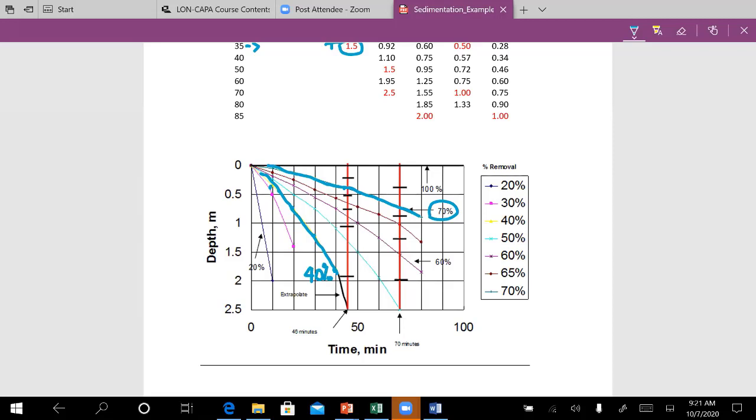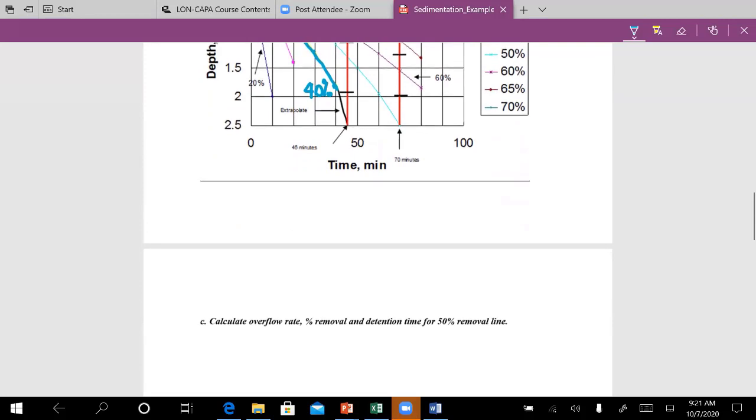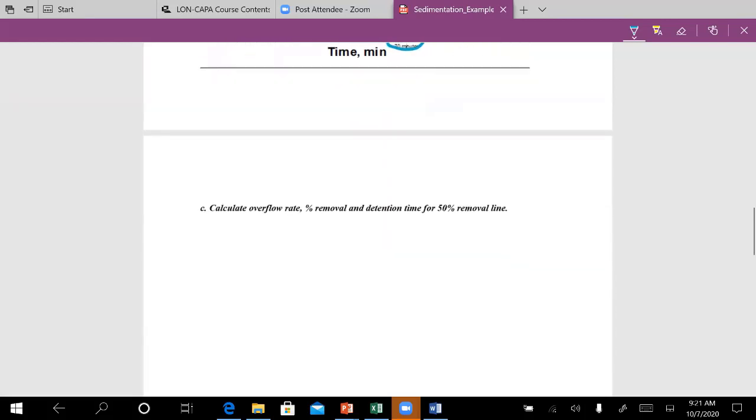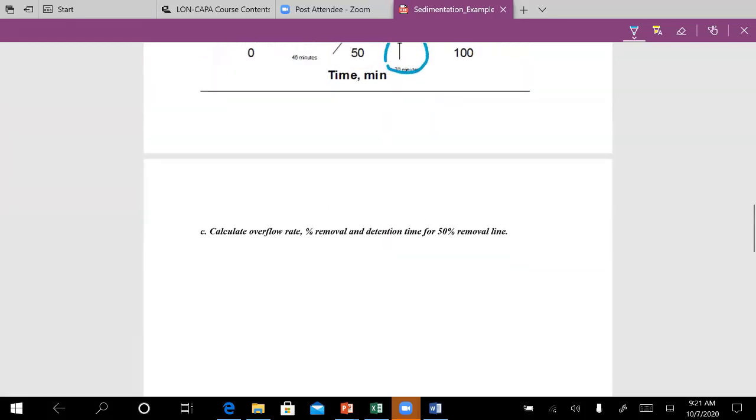In order to determine the removal, we'll start with 70 minutes, and we have to make an assumption.